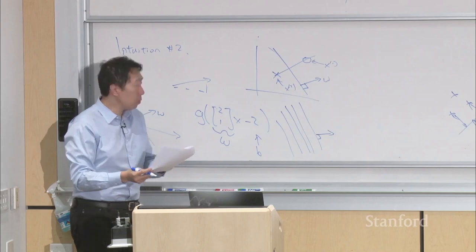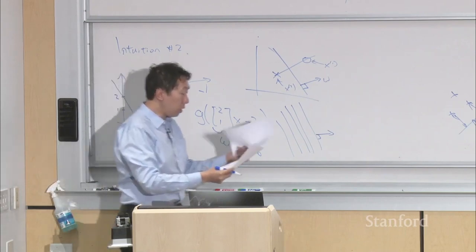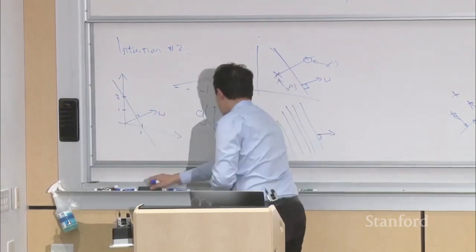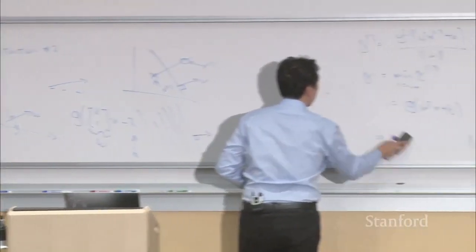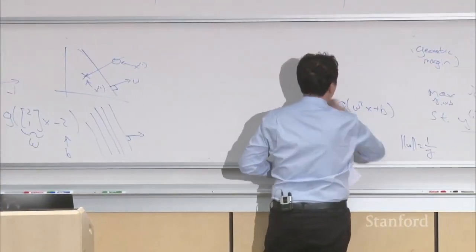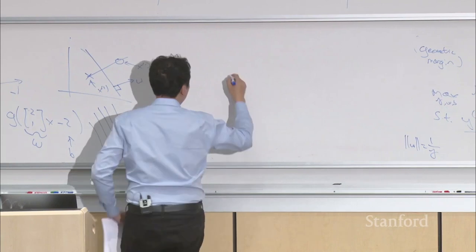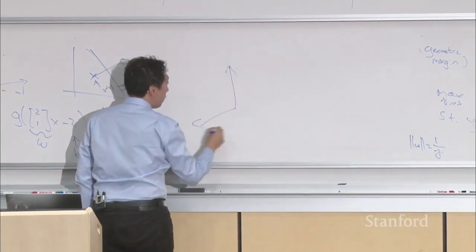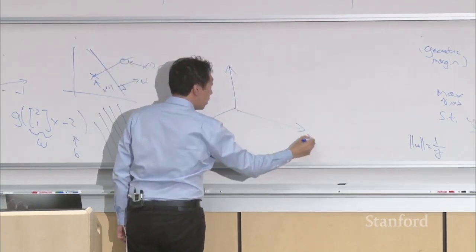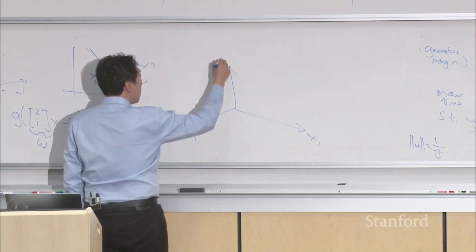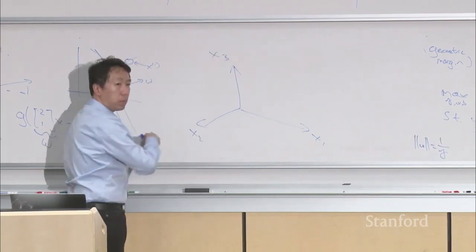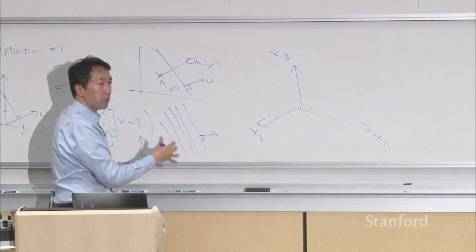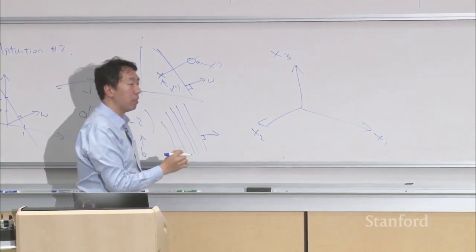Okay? And just one last example for why this might be true. We're going to be working in very, very high dimensional feature spaces. For this example, let's say you have 3 features, x1, x2, x3, right? And later we'll get to where this is like 100 trillion, right?